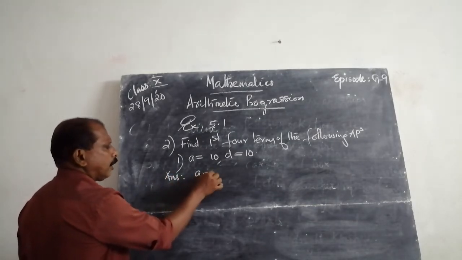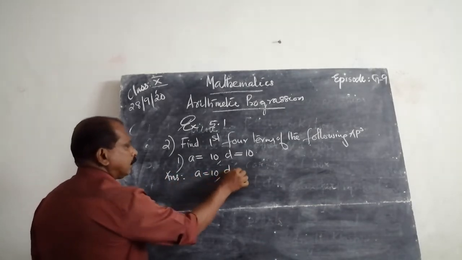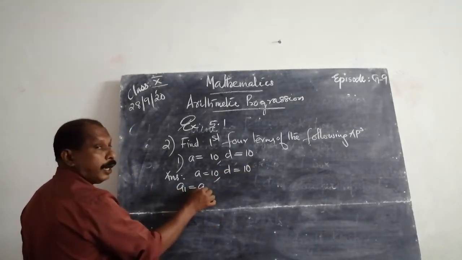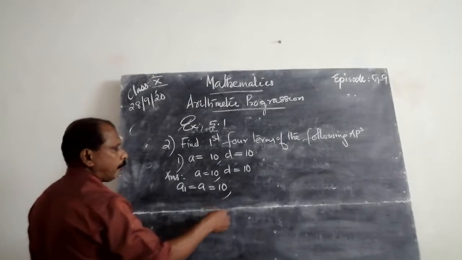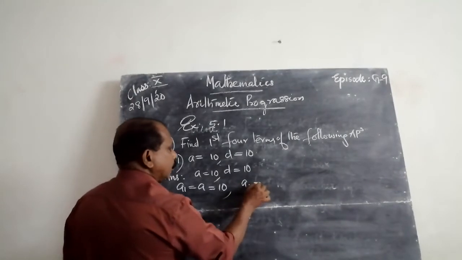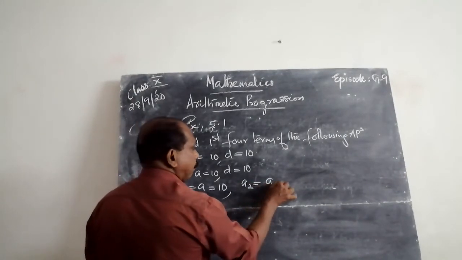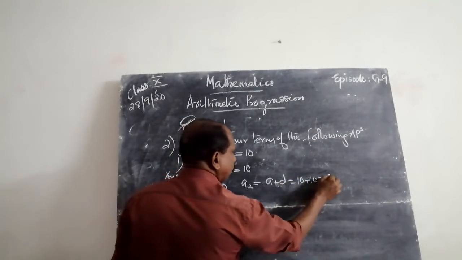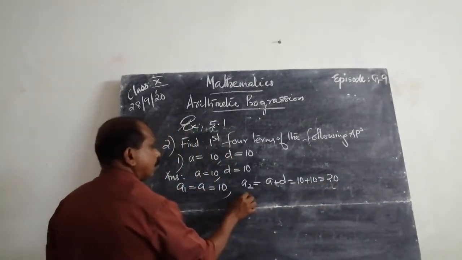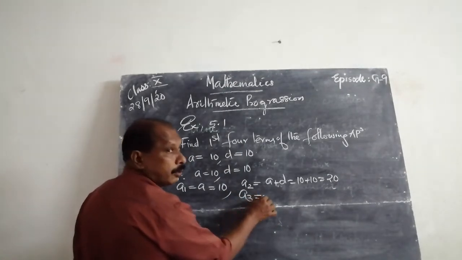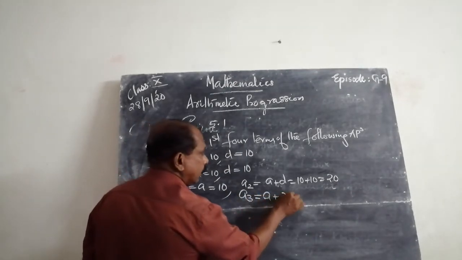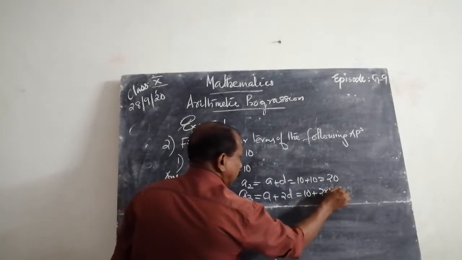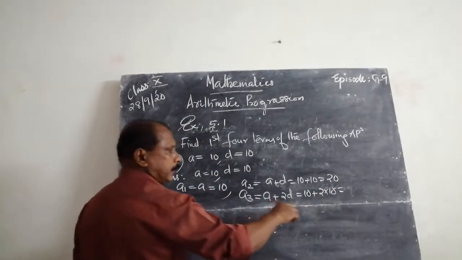A is equal to 10, D is equal to 10, then A1 is equal to A is equal to 10. A2 is equal to A plus D is equal to 10 plus 10 is equal to 20. Third case, A3 is equal to A plus 2D is equal to 10 plus 2 into 10 is equal to 10 plus 20, that is 30.